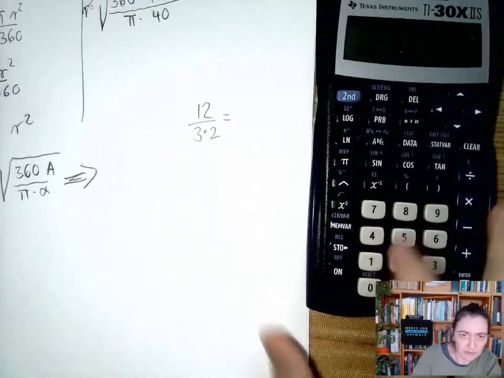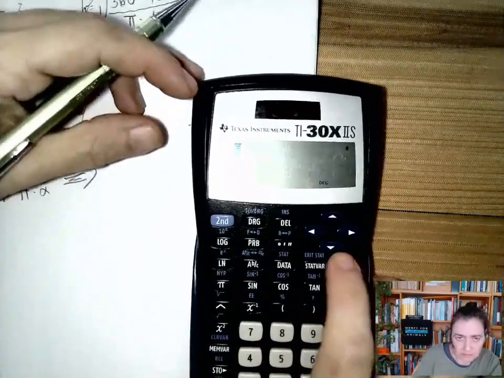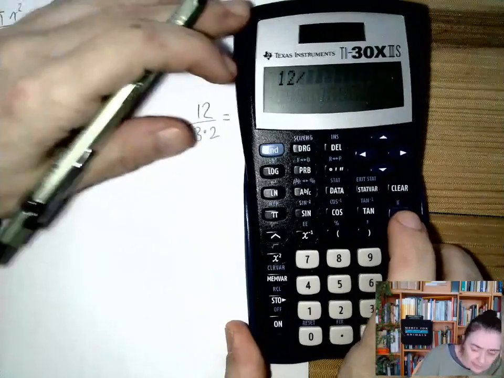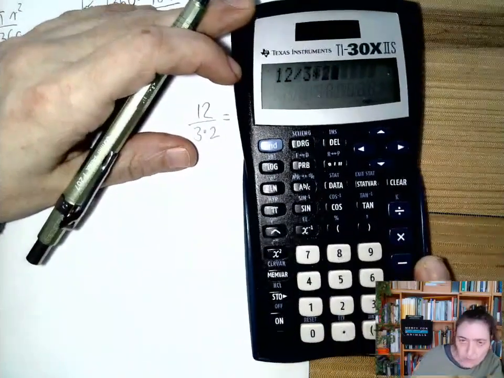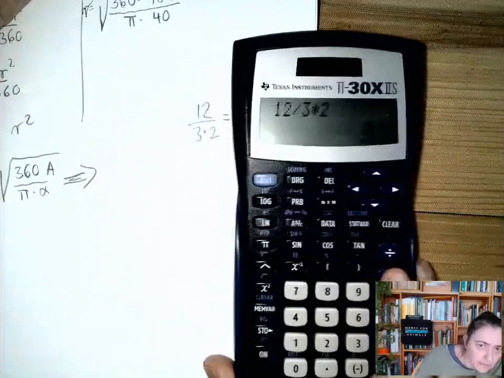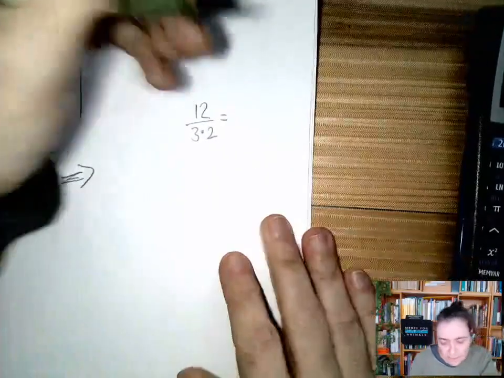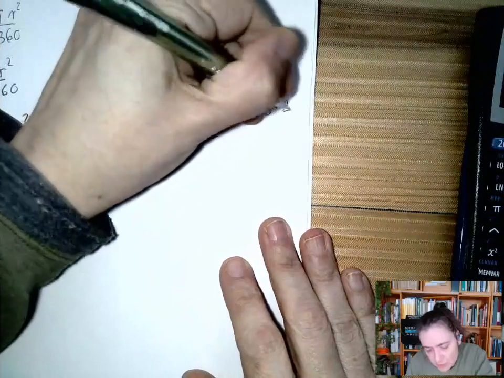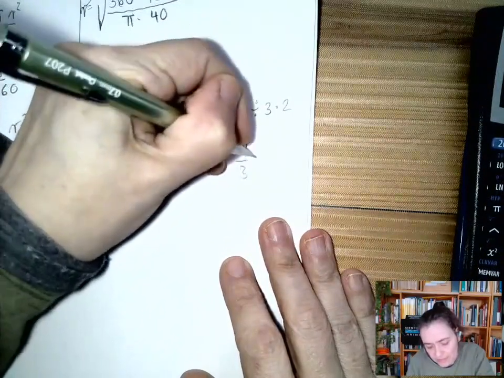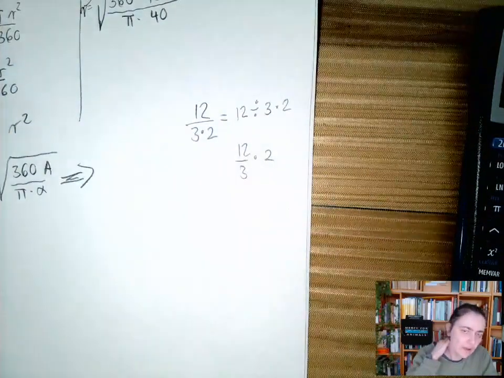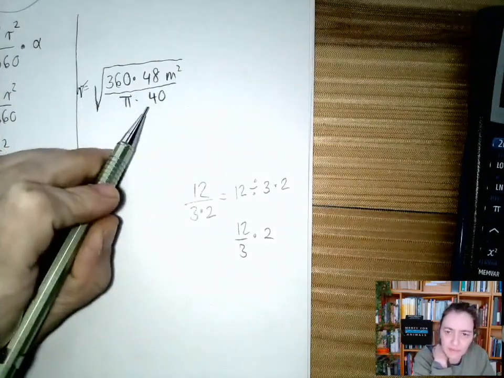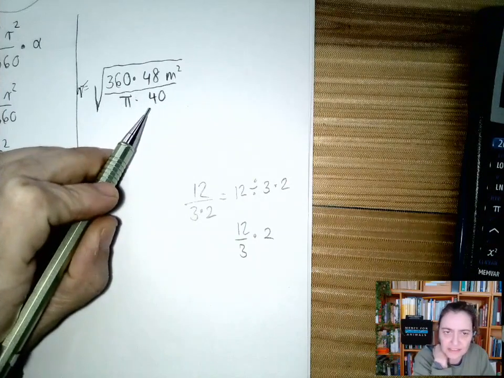Now watch what I do. 12 divided by 3 times 2. We're not getting 2, we're getting 8. Because 12 divided by 3 times 2 is really 12 over 3, times 2. So people who say divide by pi times 40, they're multiplying by 40, so they're off by 1600 really.